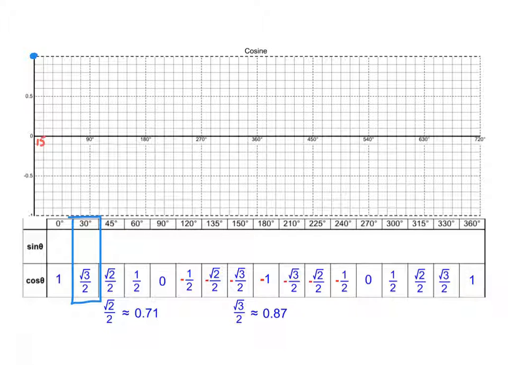That's 15. So that means each one of those hash marks is 15 degrees. So if I want to get to 30, that means 30 degrees then must be 2 hash marks over. So this is where 30 is. And to plot that point then, I would go over that far and I go up 0.87 because it's root 3 over 2. 0.87, it's a little bit below 0.9, right? And you notice my y values are going up by 0.1, so I put it right about there.